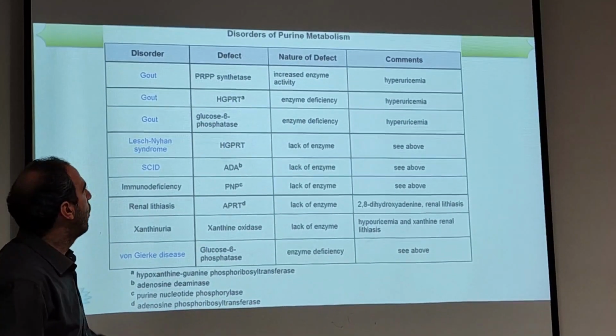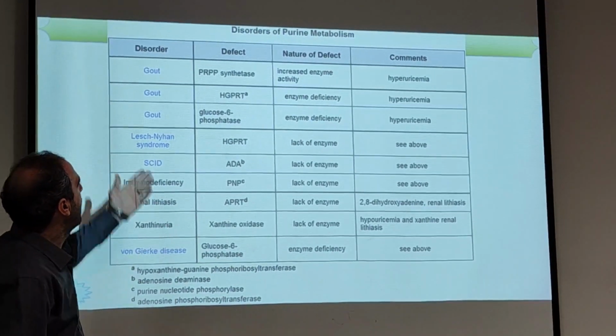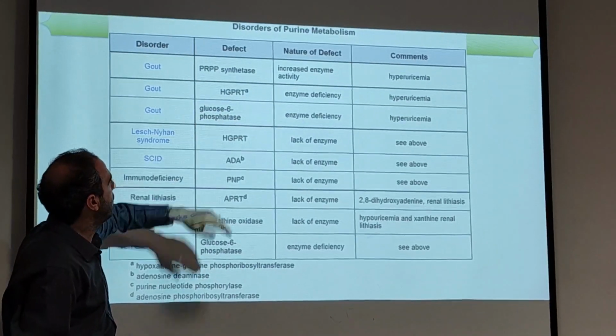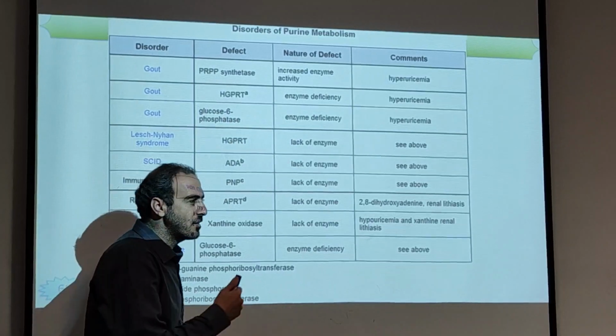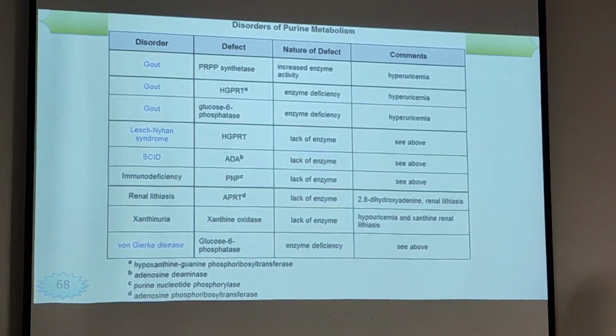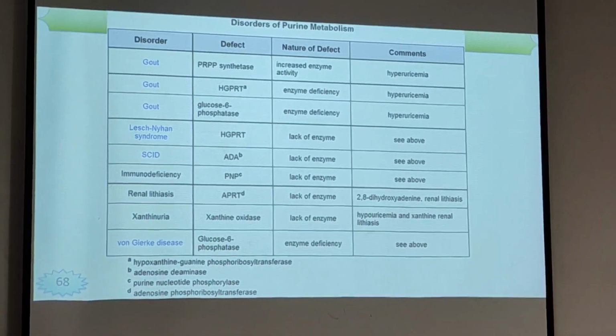And the last slide is that all of these disorders are related to purine metabolism. As you learned, gout can be due to PRPP synthesis, HGPRT, or the enzyme we have here, glucose 6-phosphatase. I just wanted you to tell me why deficiency in glucose 6-phosphatase leads to gout.